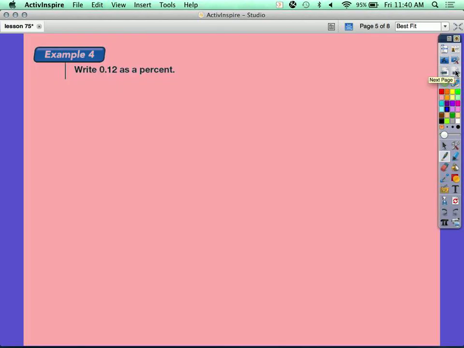Now decimals. It says write 0.12 as a percent. What we're going to do is turn this into a fraction. How do we say it? 12/100. That gives us our fraction, 12/100, and since it's out of 100 already, automatically we have our percent. Top number, percent sign, done.